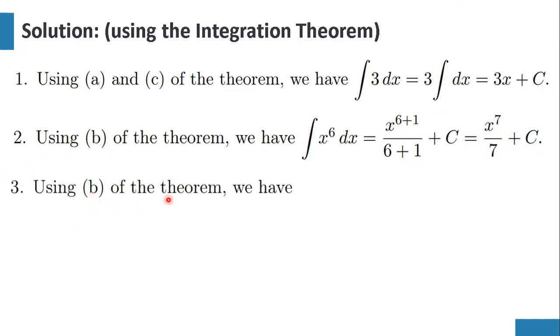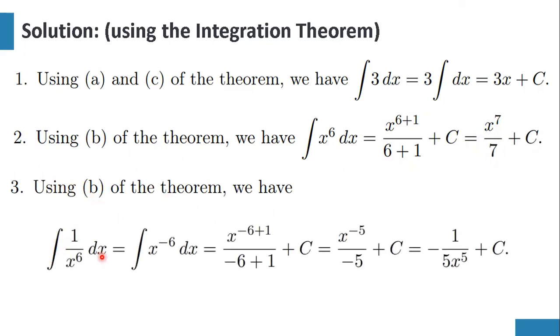Using the second theorem, we have the integration of 1 all over x raised to the power of 6 dx is just equal to the integration of x raised to the power of negative 6 dx. If you are asking how it happens, remember the laws of exponents. We apply it here, which is equal to x raised to the power of negative 6 plus 1 all over negative 6 plus 1 plus c.